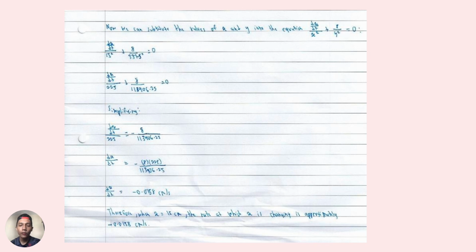Simplifying, dx/dt over 225 equals negative 8 over 113,906.25. So dx/dt equals negative 8 times 225 over 113,906.25, so dx/dt equals negative 0.0158 centimeters per second.